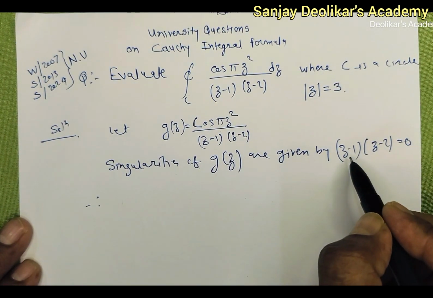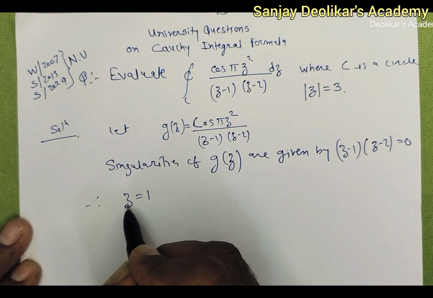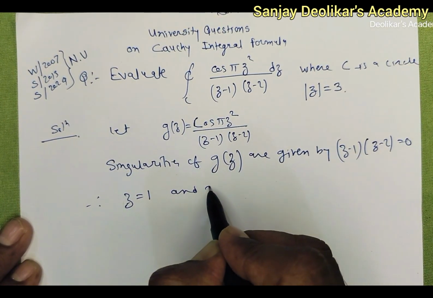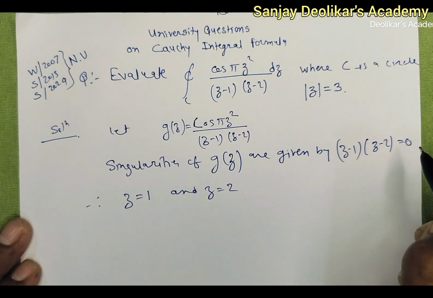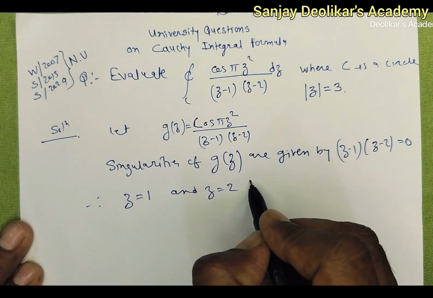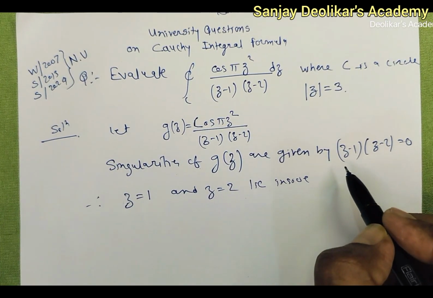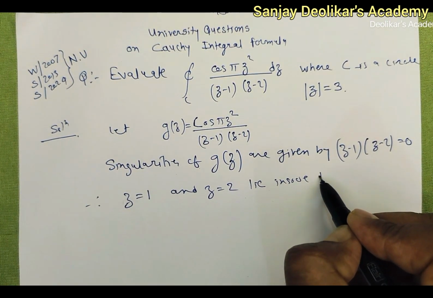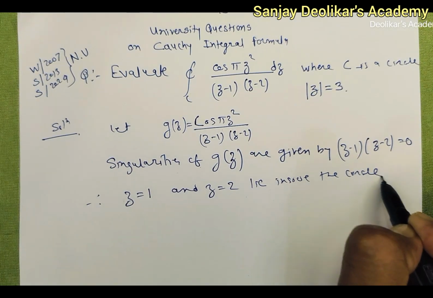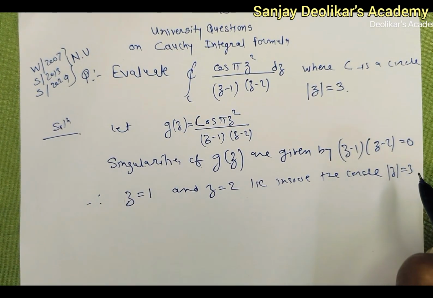Therefore, if you equate this to 0, z is equal to 1 and z is equal to 2. So these points lie inside the circle, that is mod of z equal to 3.